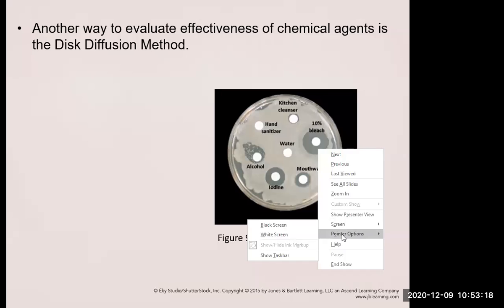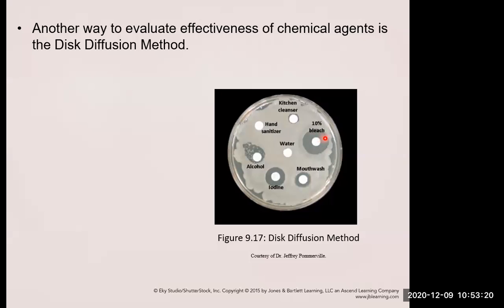So what we're going to do is measure what's called a zone of inhibition. So this bleach disc, for example, is going to kill organisms in this radius.